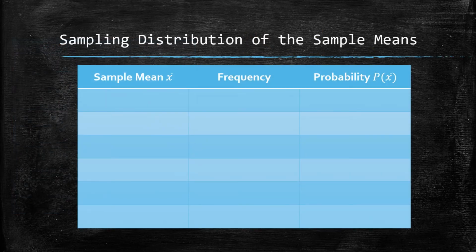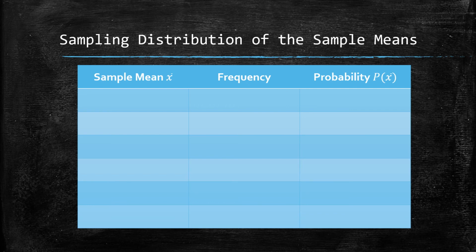Step number 3. We're going to draw a table showing the sample mean x bar, the frequency, and the probability p of x bar. In step number 2, we already determined the sample means.